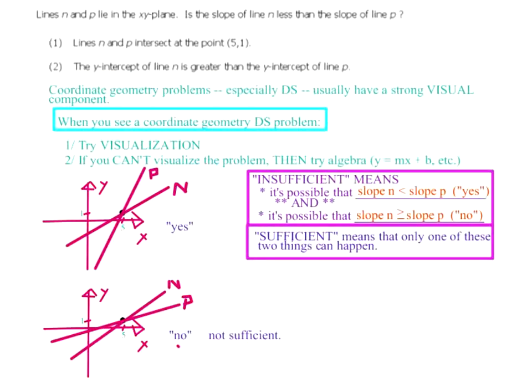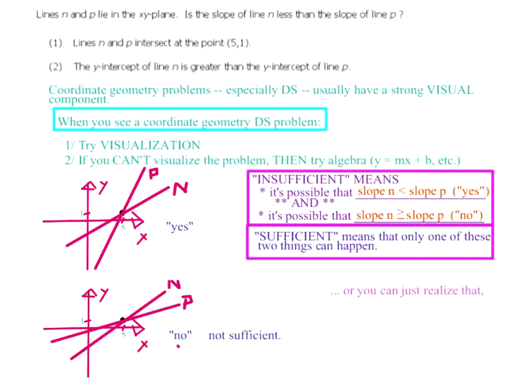Here's statement 1. You don't really have to do this. You don't actually have to visualize both of these. I did it just to show the testing of cases here, but you should be able to just intuit the idea that this is not good enough. All you have here is an intersection point.